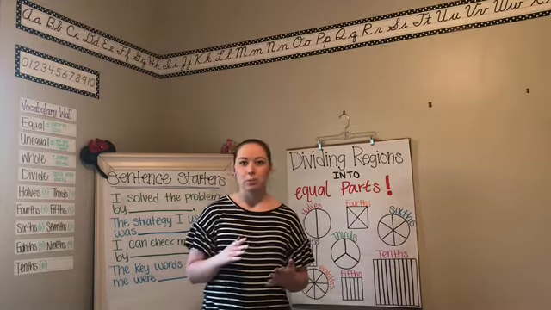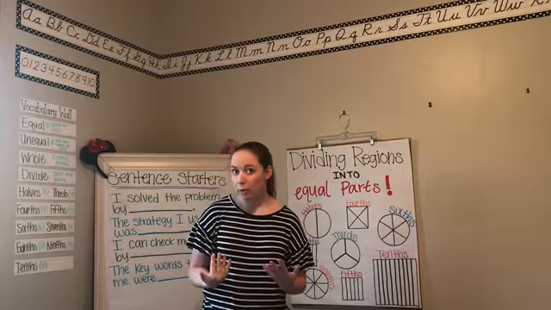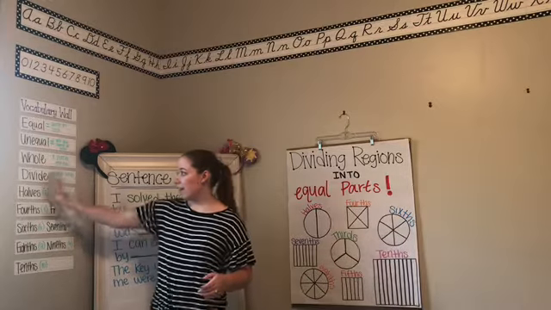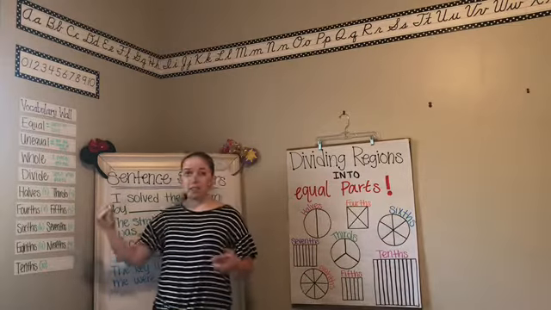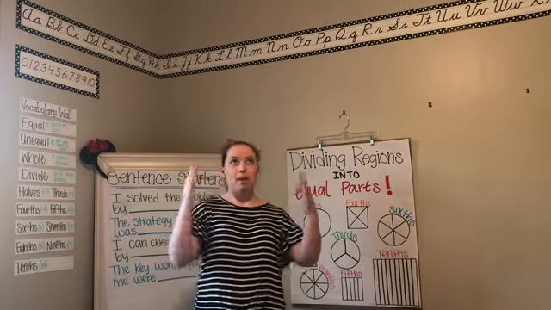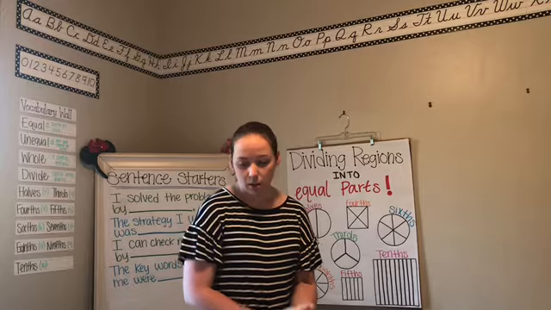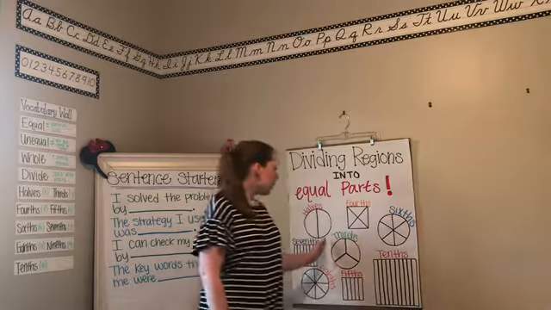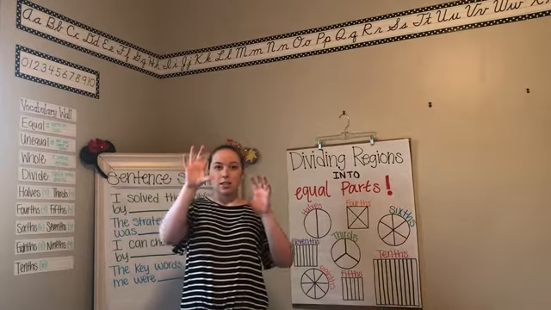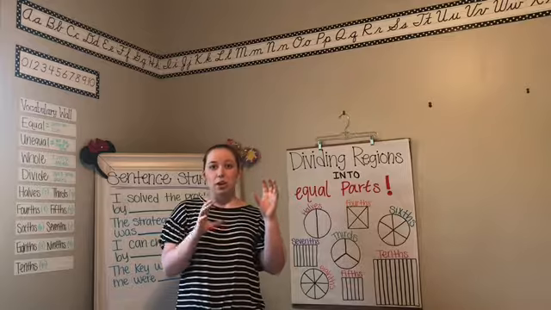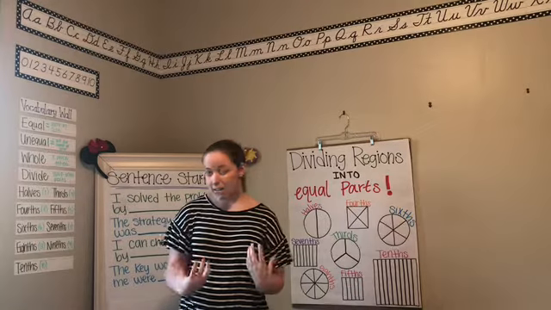But it's important to remember that all of these parts are equal. Whenever we talk about any of these, halves, thirds, all the way to tenths and beyond, we're talking about equal parts. That means we're splitting them to where all the parts inside the shape are the same size.